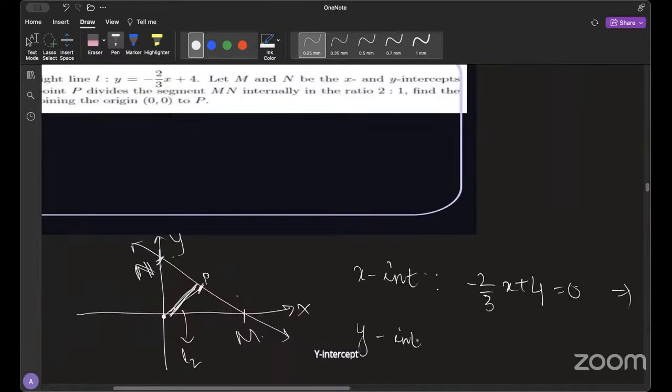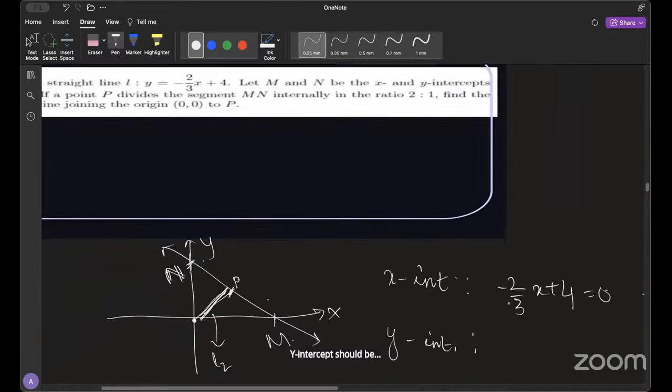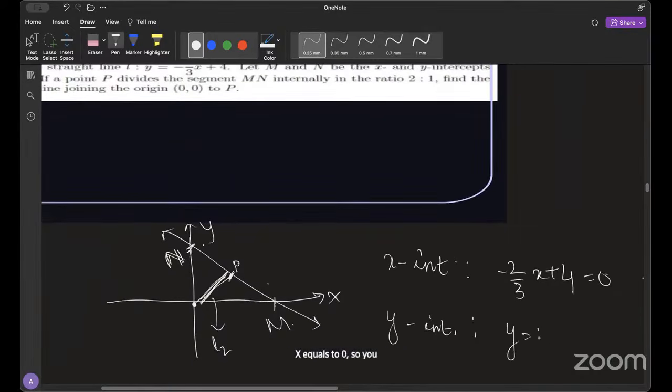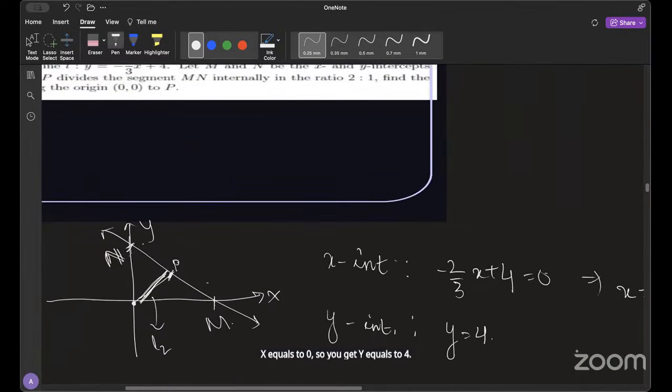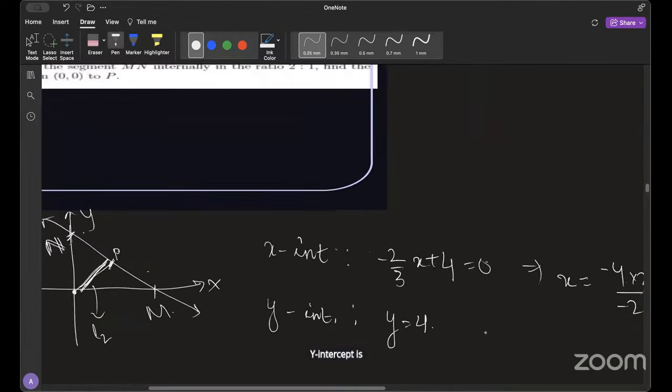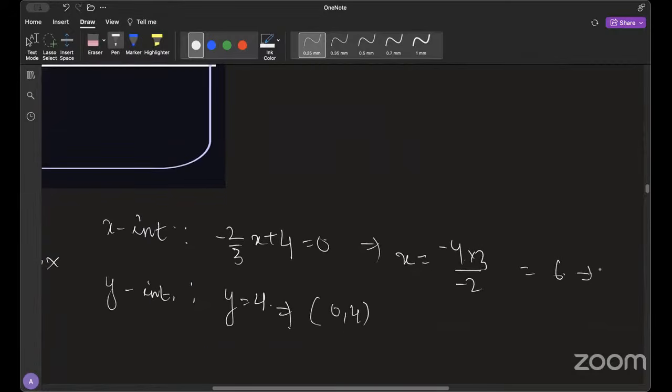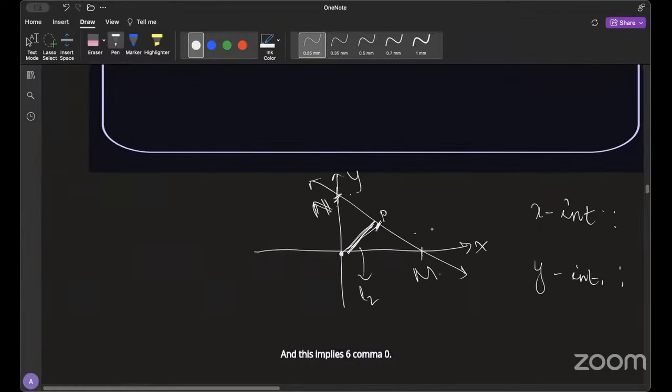Y-intercept: x equals 0, so you get y equals 4. You directly get 4. The y-intercept is 4, right? The points are 0, 4 and this implies 6, 0, right? This is the point 6, 0.